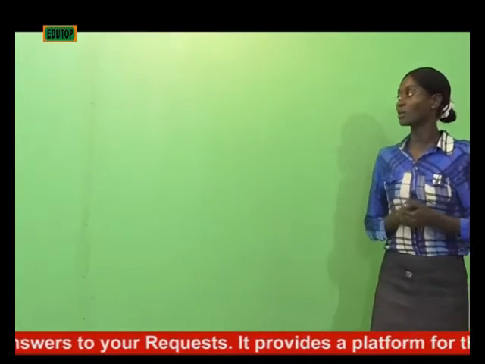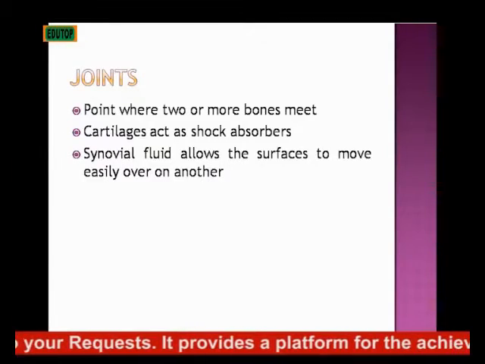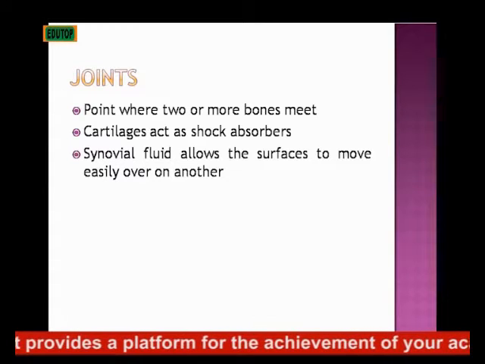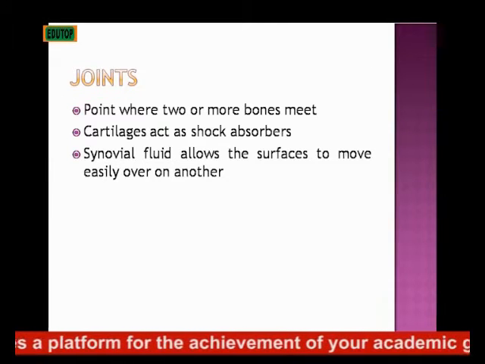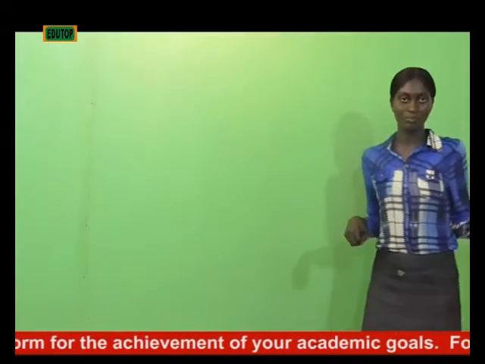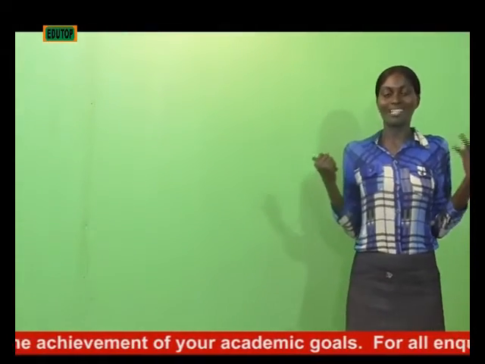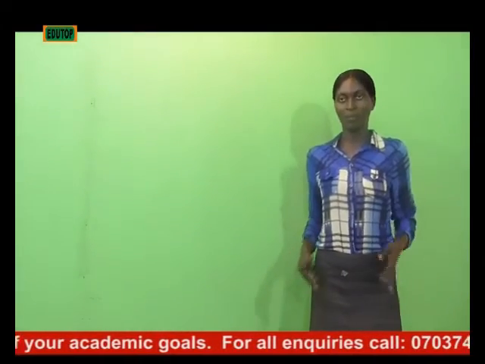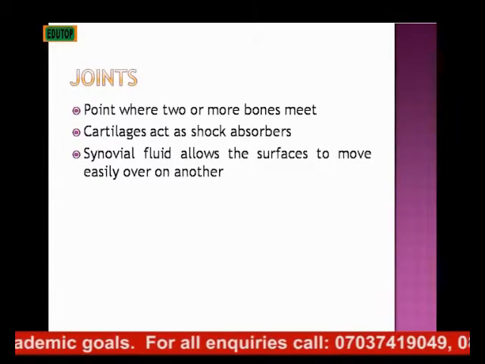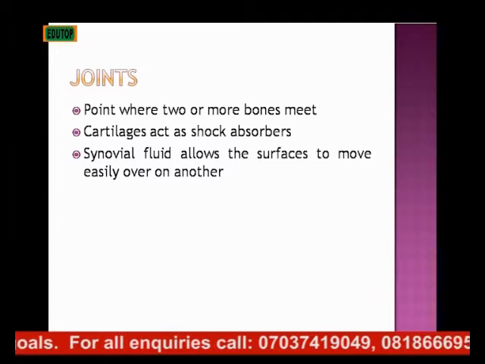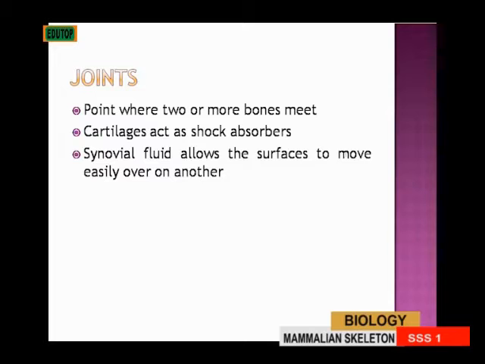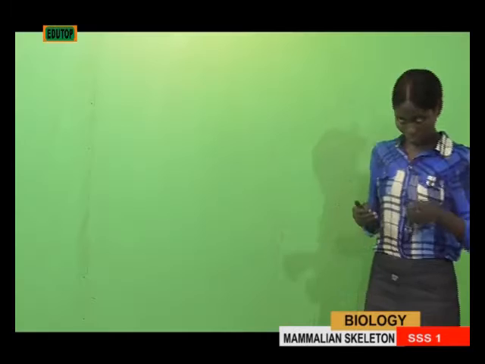Then, in the joints, we also have the cartilage. You remember we talked about cartilage earlier, that it acts as a shock absorber for the body. Just like you have shock absorbers in your vehicles, the cartilage absorbs the shock that comes to the body. The joints also have synovial fluid, which allows the surfaces to move easily over one another.